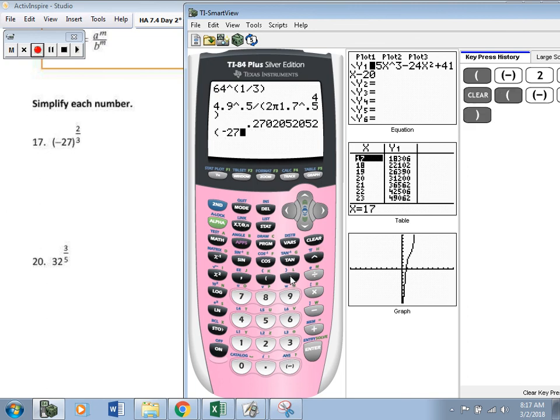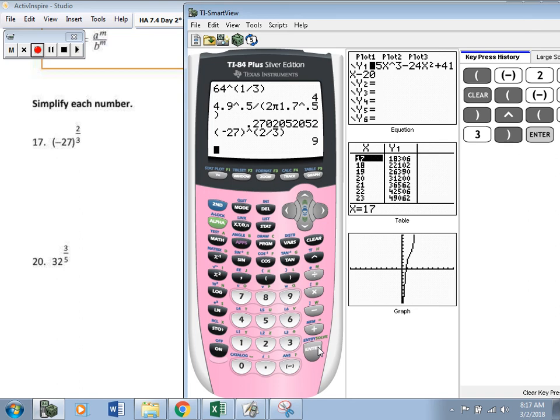Negative 27 caret. Now you do need to put parentheses around the 2/3, 2 divided by 3. We'll get 9. Okay. So in the calculator, just be aware. I prefer you to do these by hand for practice, but if you wanted to check it in your calculator to make sure you did it right, I want you to know how to put it in properly.